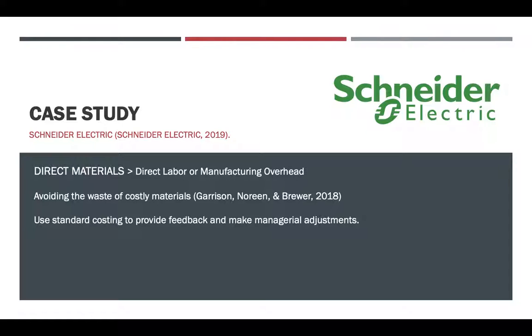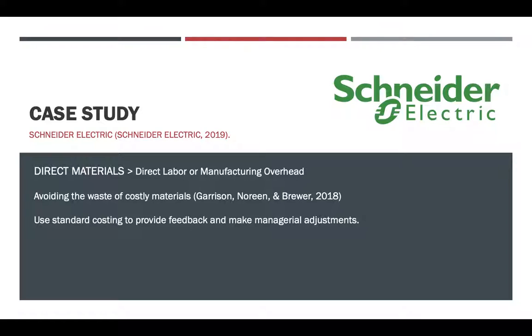Direct material costs make up the majority of the company's manufacturing costs, so managers pay close attention to the standards, the actuals, and the variances between them to avoid the misuse of materials. This energy company uses materials such as copper, steel, and aluminum, all of which can be costly if they are not used to their fullest capacity.